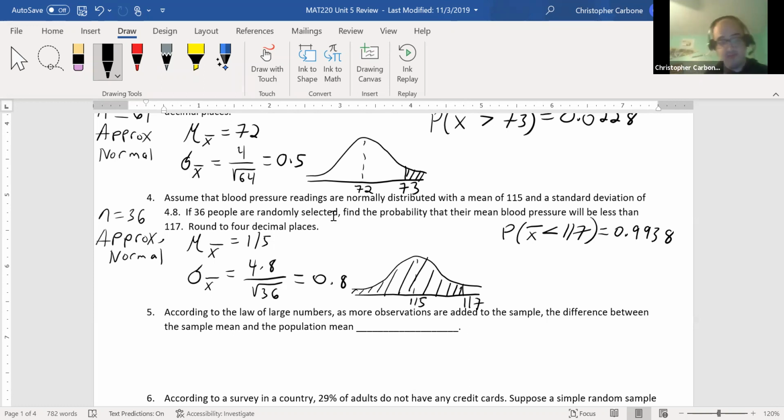Number 5, according to the law of large numbers, as more observations are added to the sample, the difference between the sample mean and the population mean tends to become smaller.